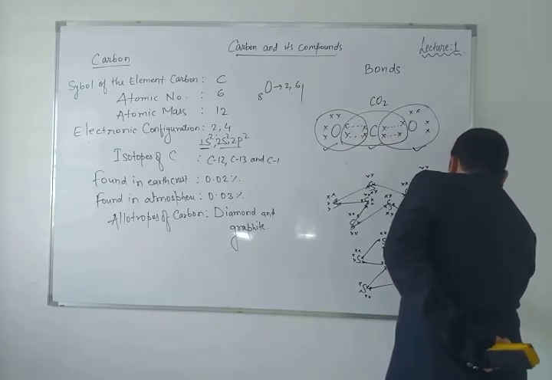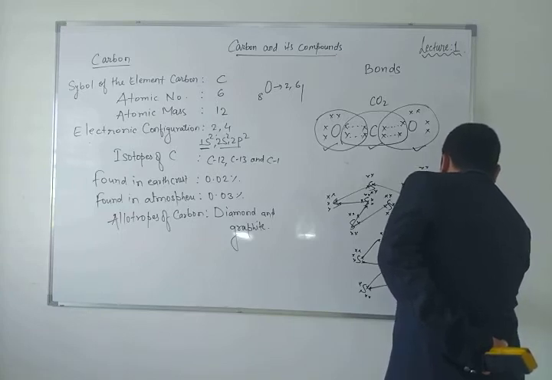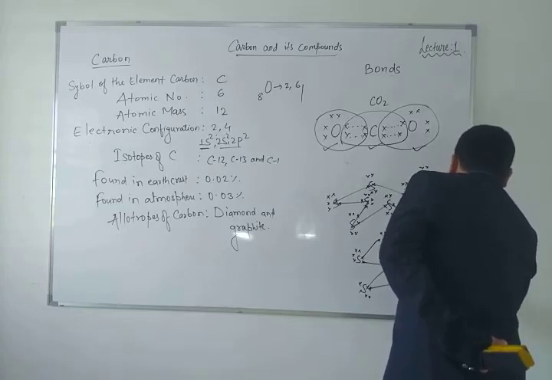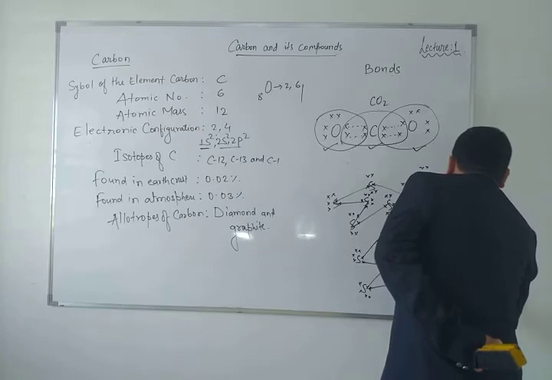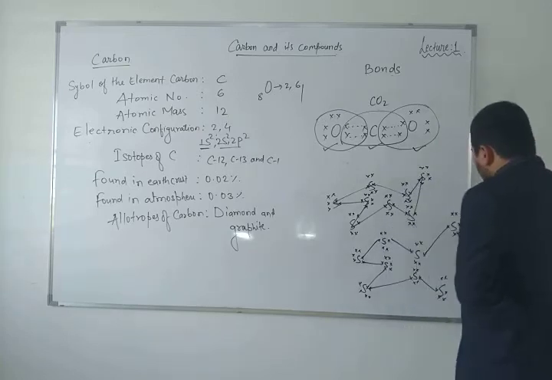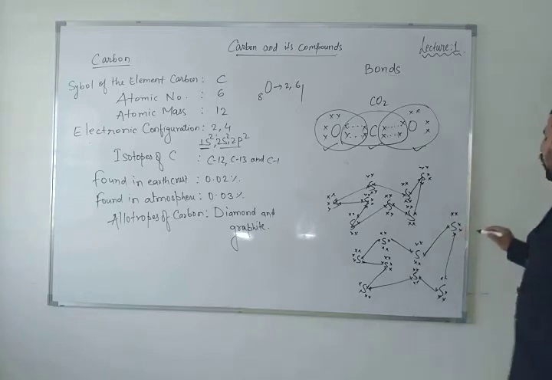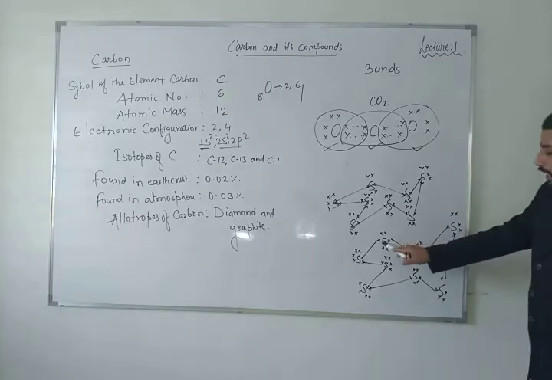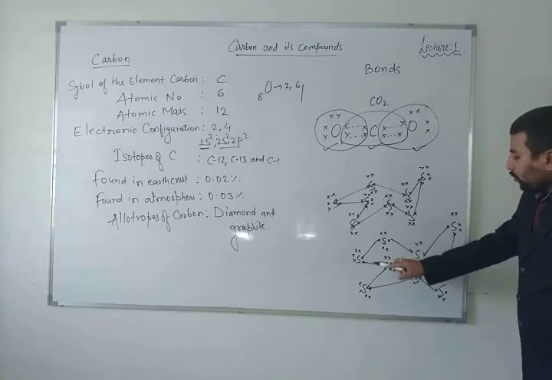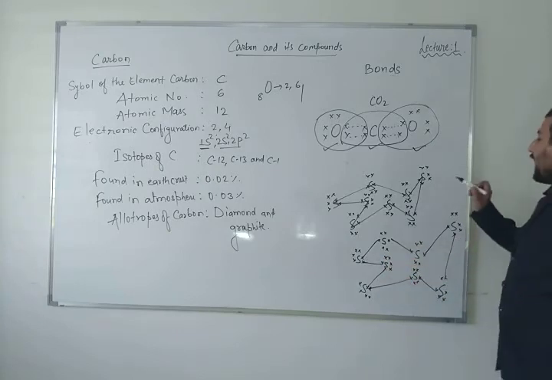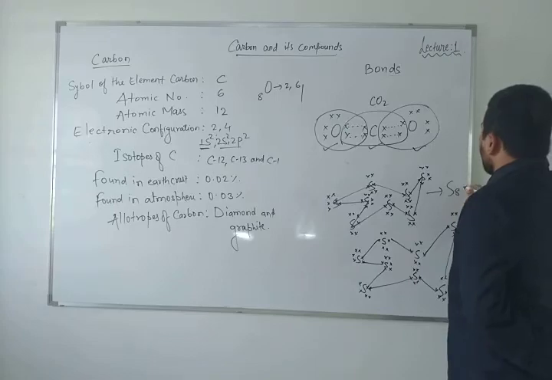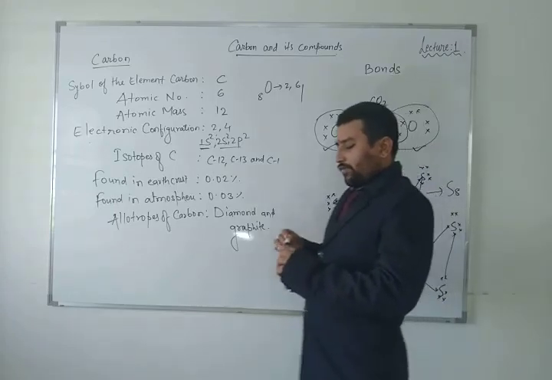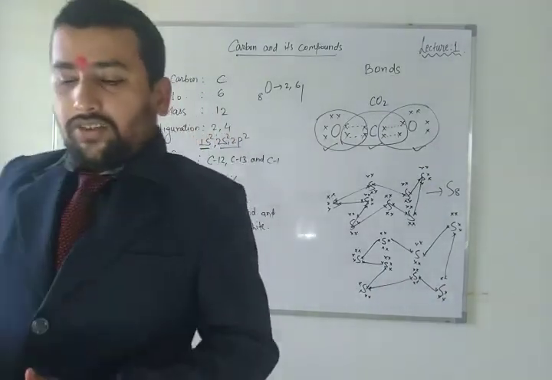So this sulfur atom also has 1, 2, 3, 4, 5, 6. Here this sulfur atom will again share 1 electron with this, and you can see all the sulfur atoms have completed their octet. There are a total of 2, 4, 6, 8 atoms: S8. It is in the form of a reclining chair.